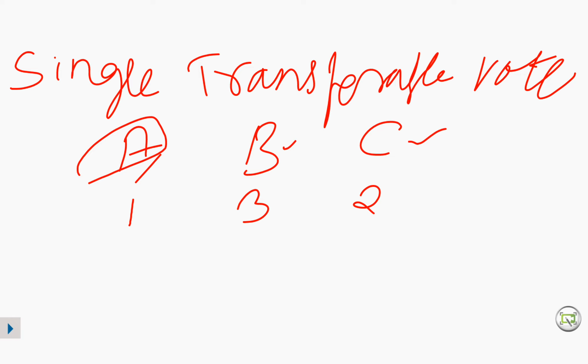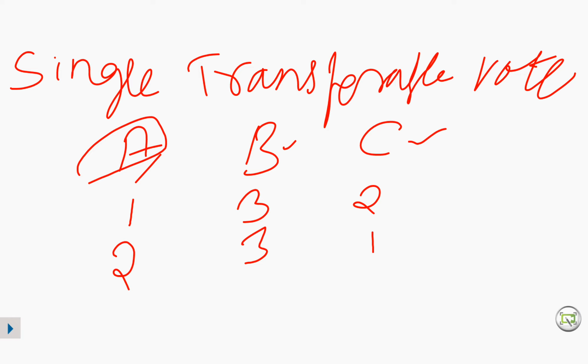Now the second person came. He has no interest in A. He has more interest in B and C. So he is giving his first priority to C, and he is giving B the third priority. He doesn't want B. He wants A as the second priority.